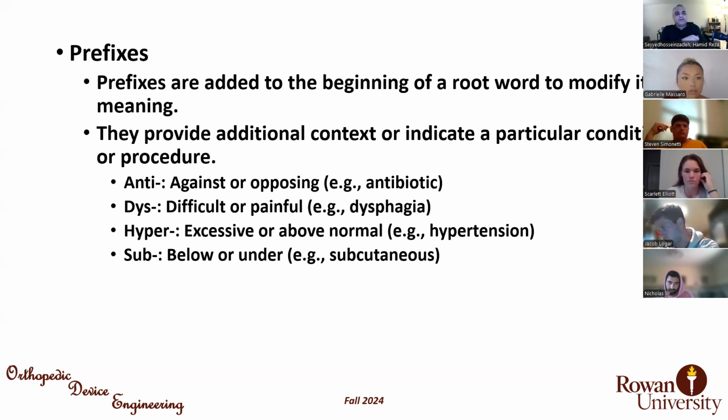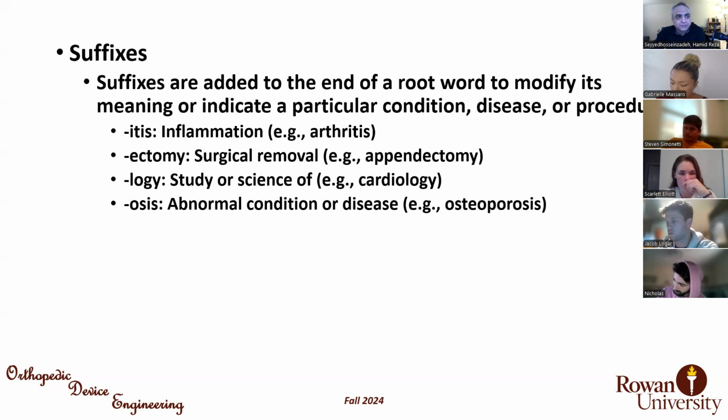Prefixes, like the prefixes in the English language, come at the beginning of the word and change the meaning. But the medical prefixes are some specific prefixes that are used in medicine, like anti, dis, hyper, sub, each with their specific meaning.